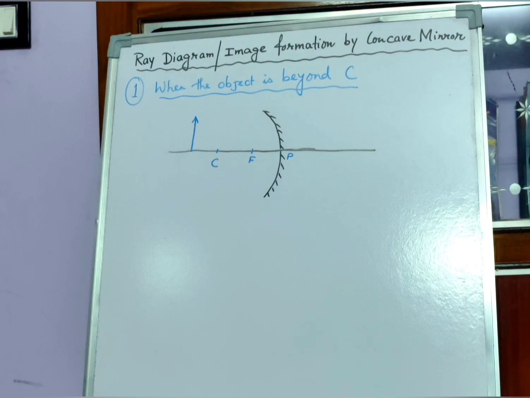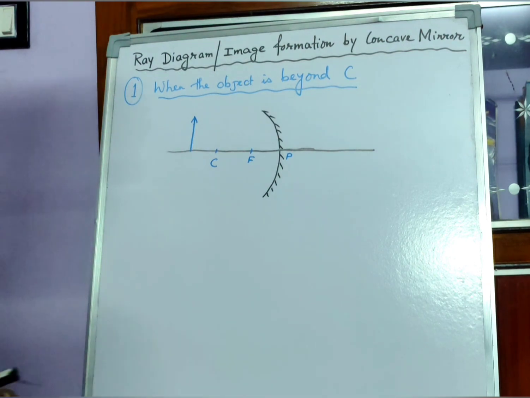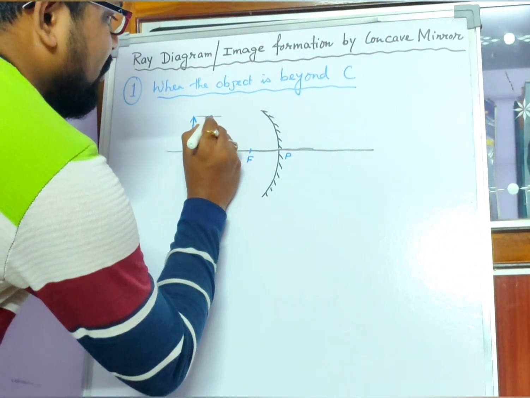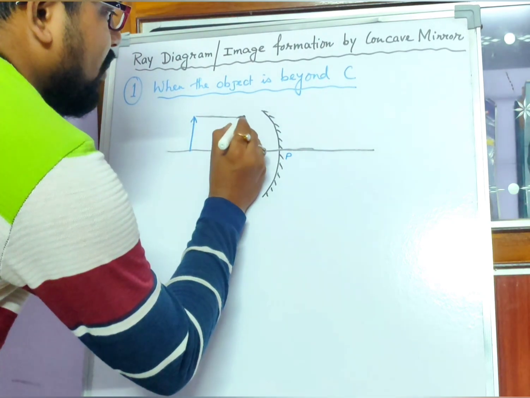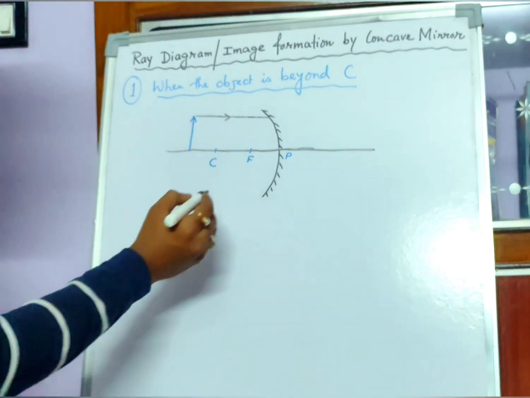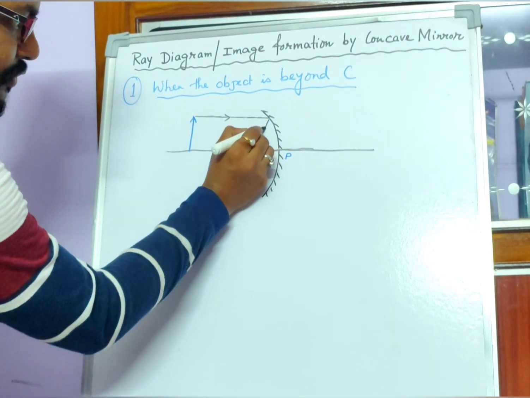Now remember the properties of concave mirror I have already explained in the last videos. So now you need to know the property. With the help of property I will just draw the ray diagram. First property, I have told you that already, that any ray which is coming from the object and which is parallel to the principal axis, after reflection it will pass through the focus.